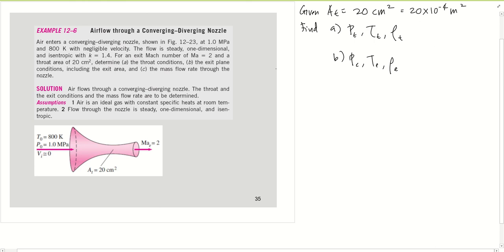And then the mass flow rate through the nozzle, m dot.